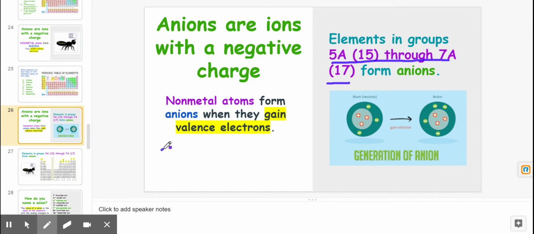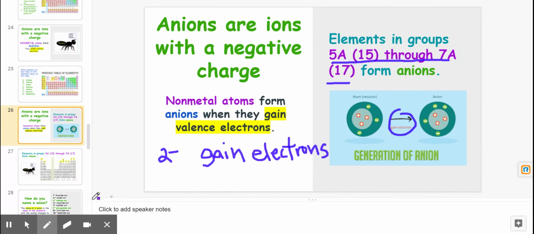So in order to become negative, to become something like a 2- anion, you have to gain or add more electrons. That's how anions become negative. They gain electrons.